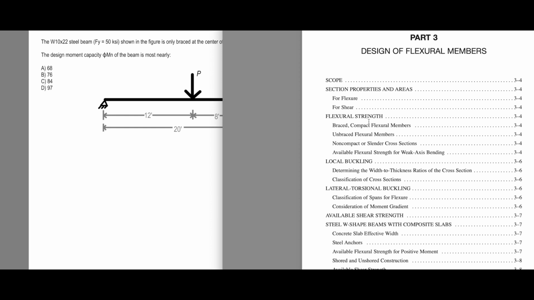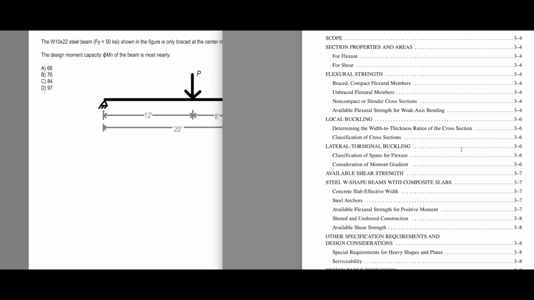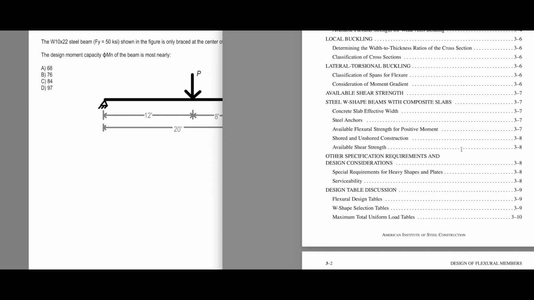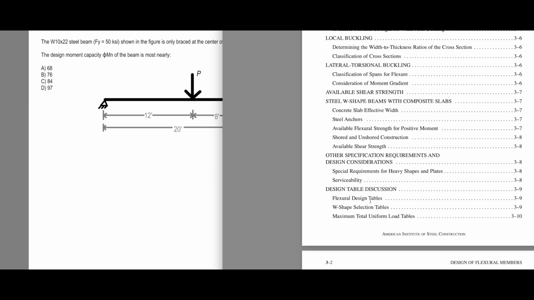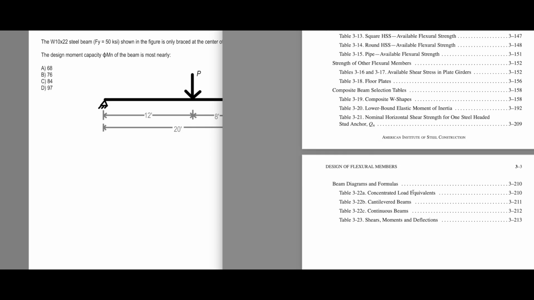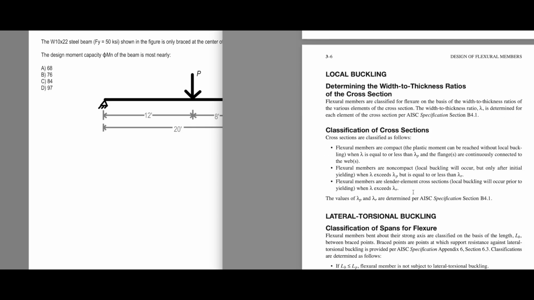So flexural strength is given in section 3-4, and then there's also a number of design tables which we're going to use whenever we can. So the flexural design tables are given in 3-9. So let's scroll down to that section.